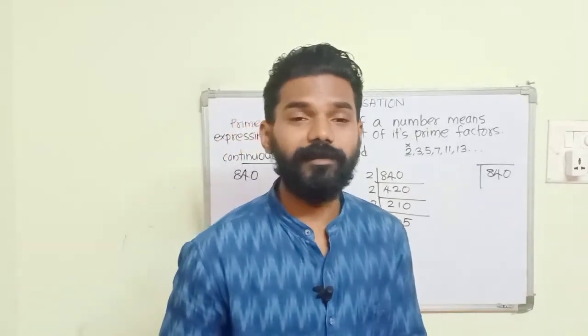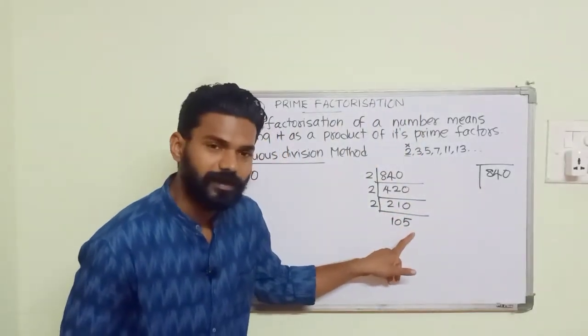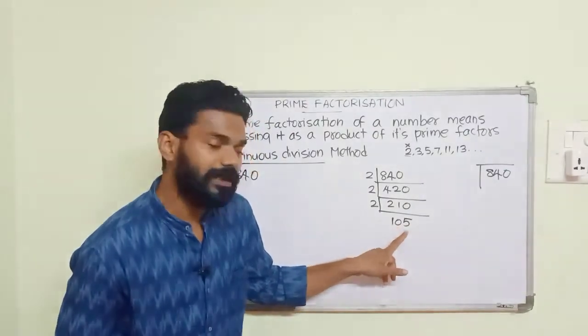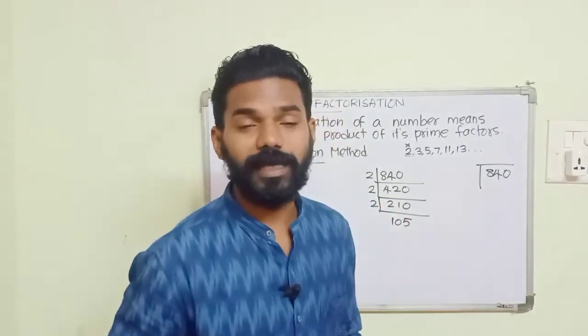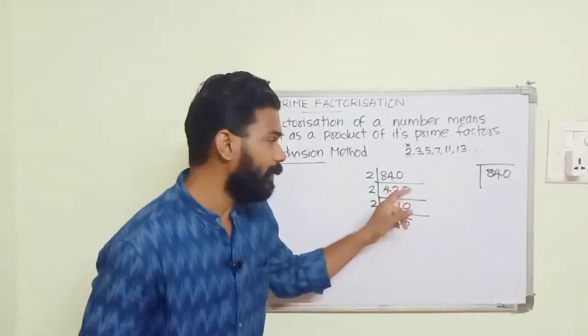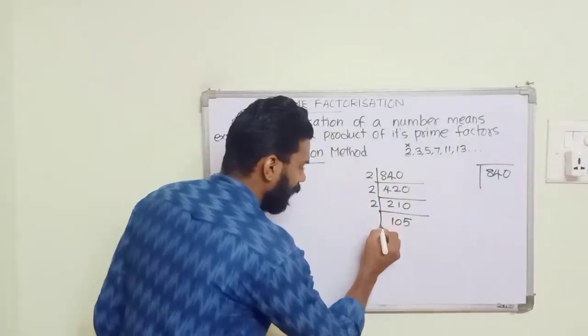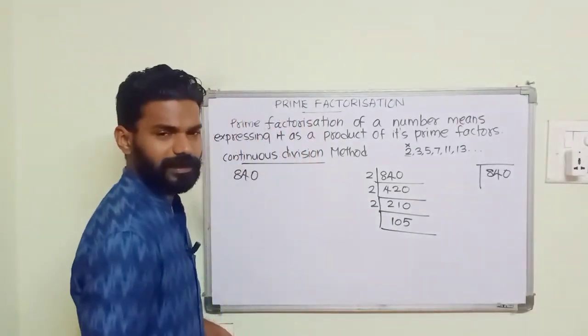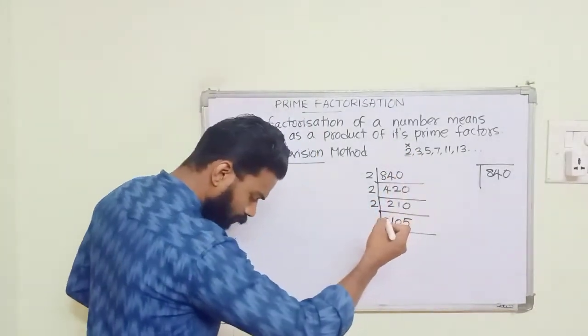In order to check the divisibility by 3, we just add these digits. So you can see 1 plus 0 plus 5, it will be 6. And obviously 6 is a multiple of 3. So definitely this 105 can be divisible by 3. So we are going on with the continuous division, but this time our divisor is changed from 2 to 3.